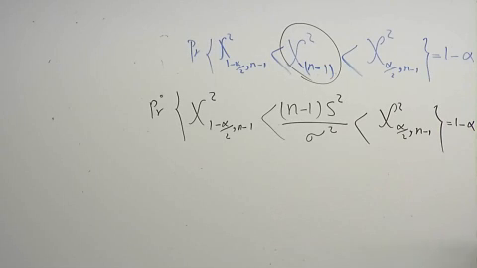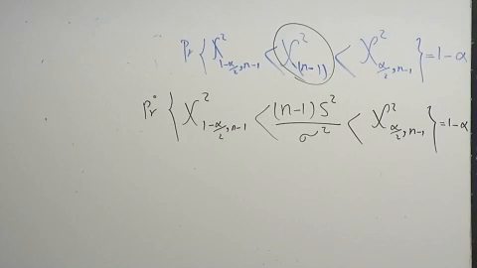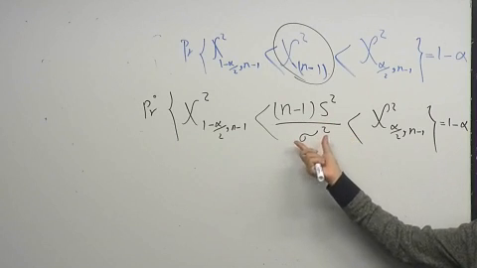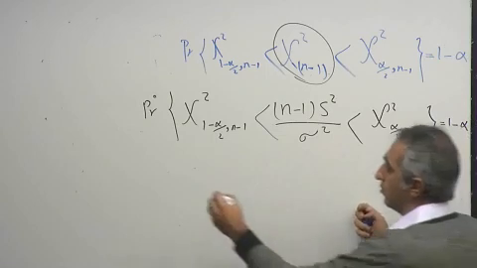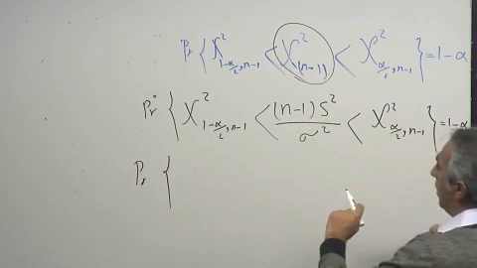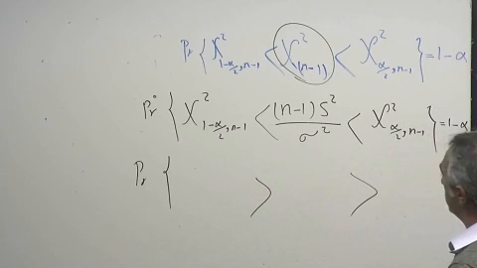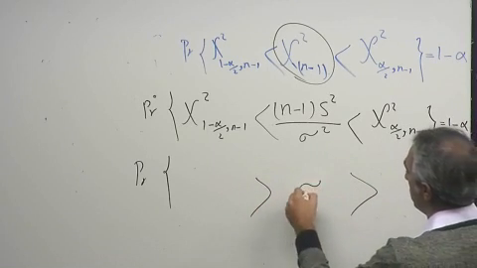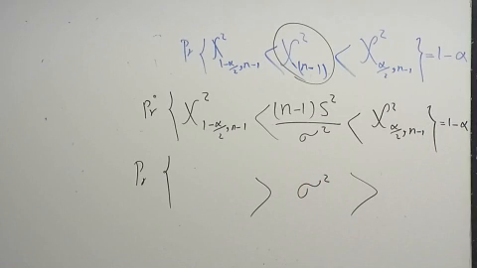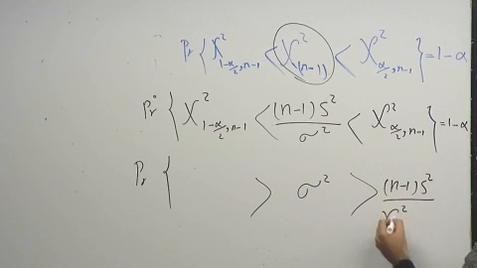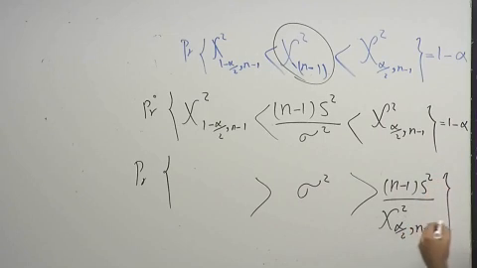And then what you need to do, you just need to reverse the fractions and multiply by n minus 1 S squared. I'm going to do some calculations and manipulation here to keep sigma squared in between. So if I do that, I need to change the sign of the inequality, and I get this guy at the end of the day.